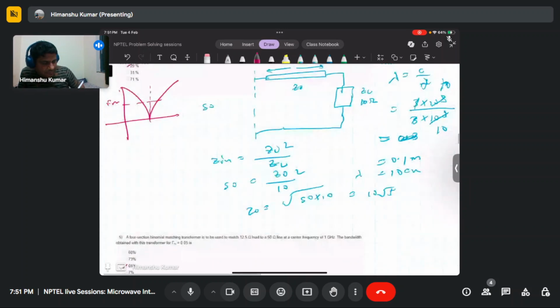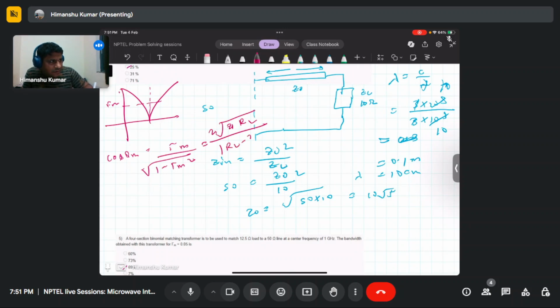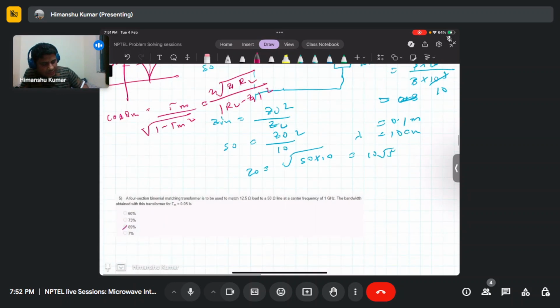And at the gamma m, cos of theta m equals gamma m divided by square root of 1 minus gamma m square, which equals 2 times square root of Z1 Z0 times RL divided by the modulus of RL minus Z1. With this you can calculate the theta m, and you can calculate delta theta as pi by 2 minus theta m. Theta m you get from this equation.